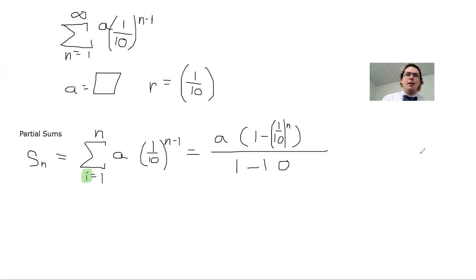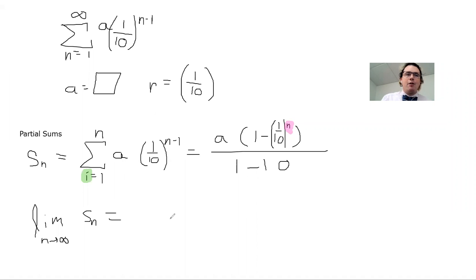And so in the limit, right, I can take the limit of these terms, the limit of the Sn, as n goes to infinity. The only n that shows up in the formula for my partial sums is right here.